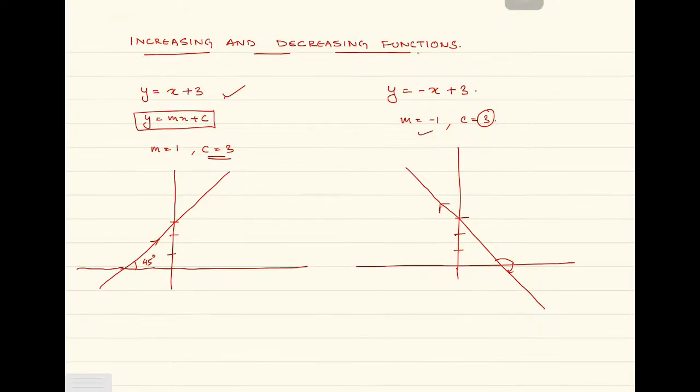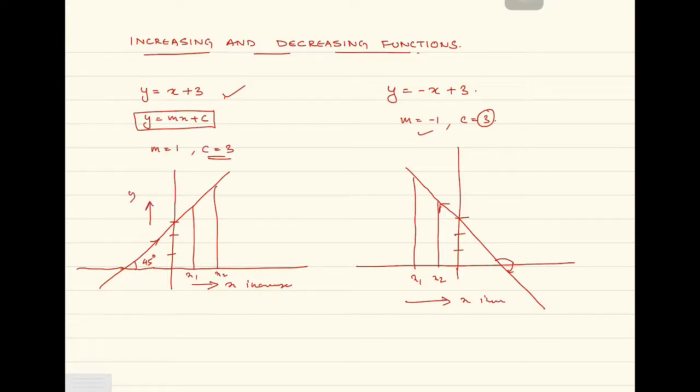Now, how to understand increasing and decreasing from these straight lines: on this side x increases, check this out. Let me take any 2 points, let's say x1 and x2, correct? Same thing here, let me take any 2 points, x1 and x2, and this side x increases, and this side y increases.